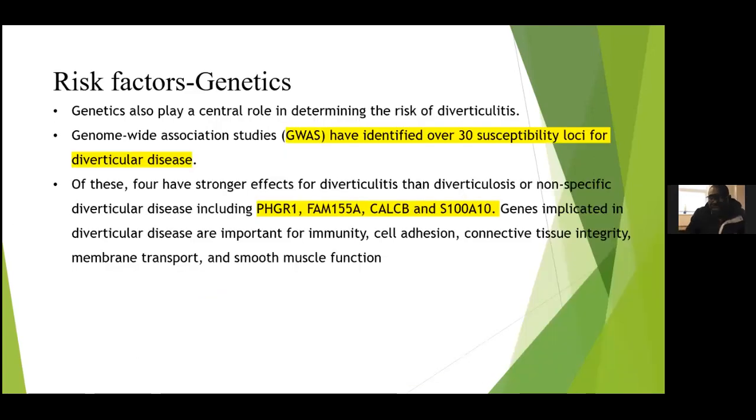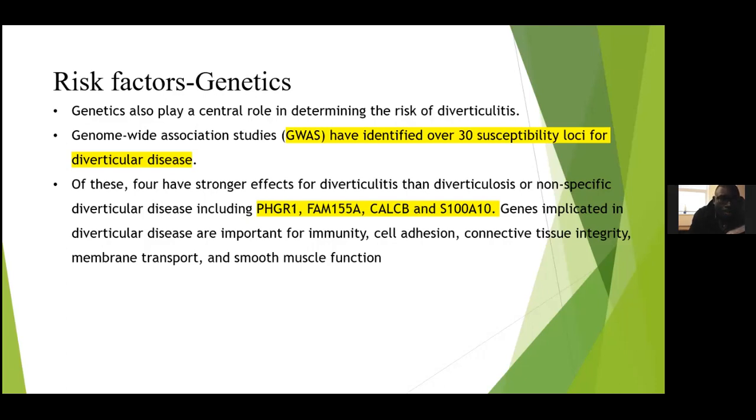And we look at the risk factors that are involved in the formation of diverticular disease. Genetics seems to play a very big role in this. I think there was a study done in the Scandinavian countries, and what they found out was that for twins, you have about a 40 to 50% risk of developing diverticular disease. And also in the genome-wide studies, it has been noted that about 30 loci of genes have been implicated.